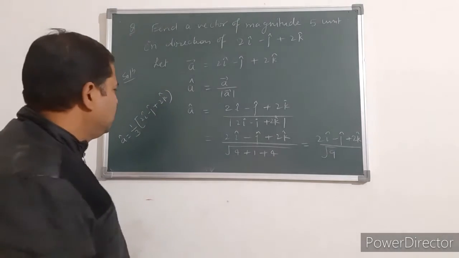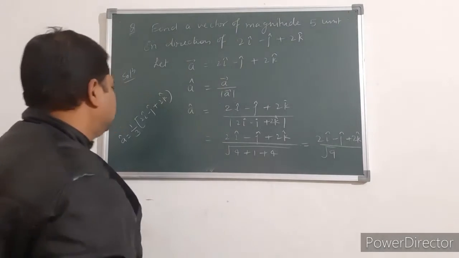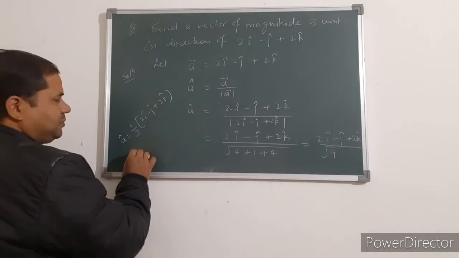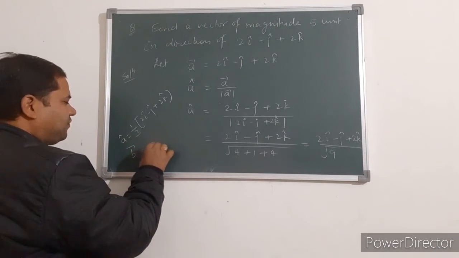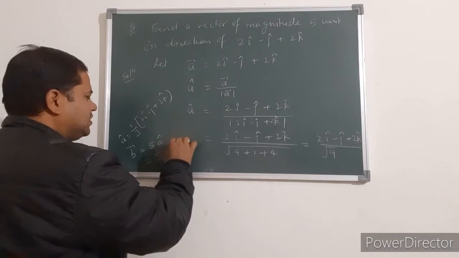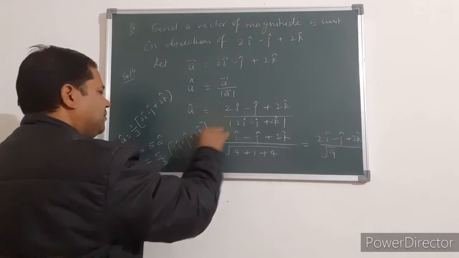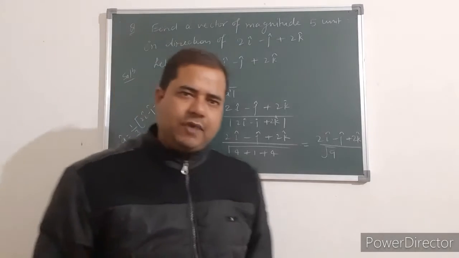Now the vector in this direction with magnitude 5 units. Let B be the vector, then B is 5 times A cap. So it is 5 by 3 times (2i cap minus j cap plus 2k cap). This is the required vector.